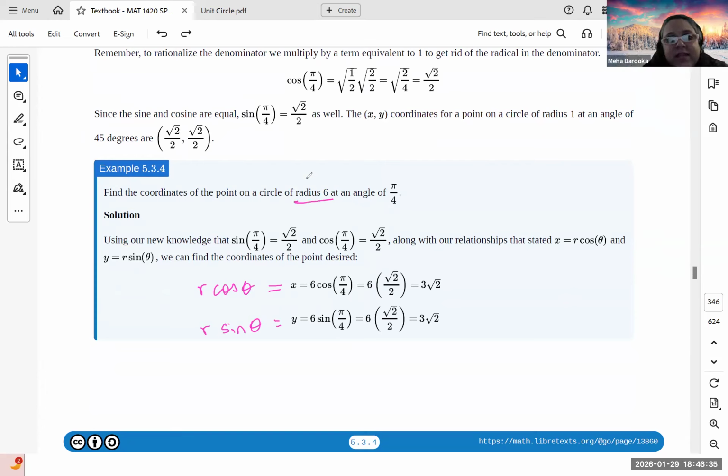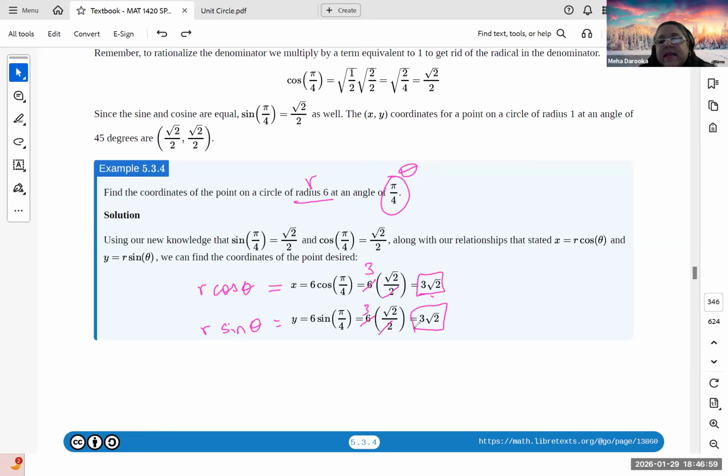So you've got your radius of 6. You've got your theta. So yeah, 6 times cosine of pi over 4 will become 6 times square root of 2 over 2. Of course, 2 goes into 6 3 times, so that's where you get 3 times square root of 2. And obviously, same thing happens here, and you end up with the same answer.